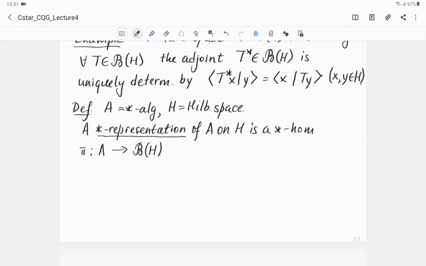In particular, if we know some properties of representations of our algebra, then we know a lot of useful information about the algebra itself.